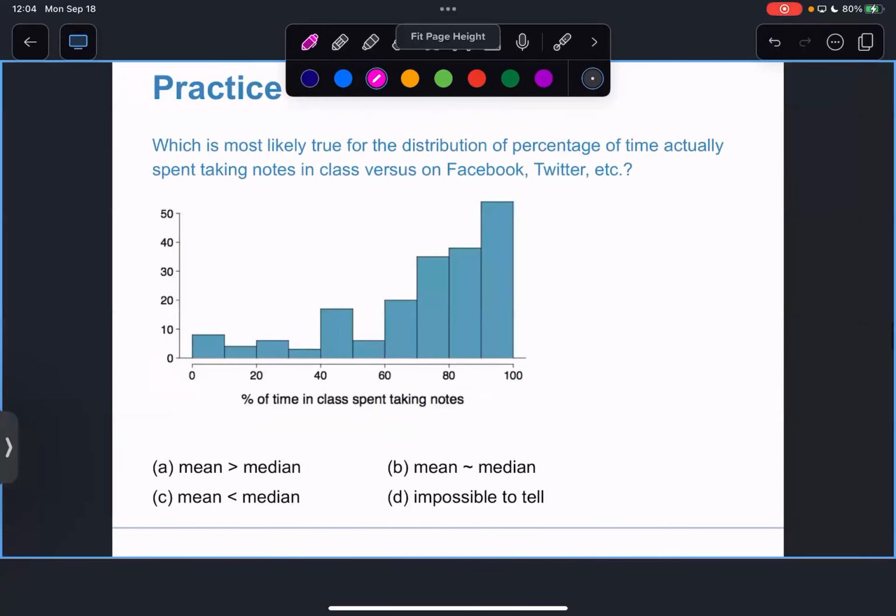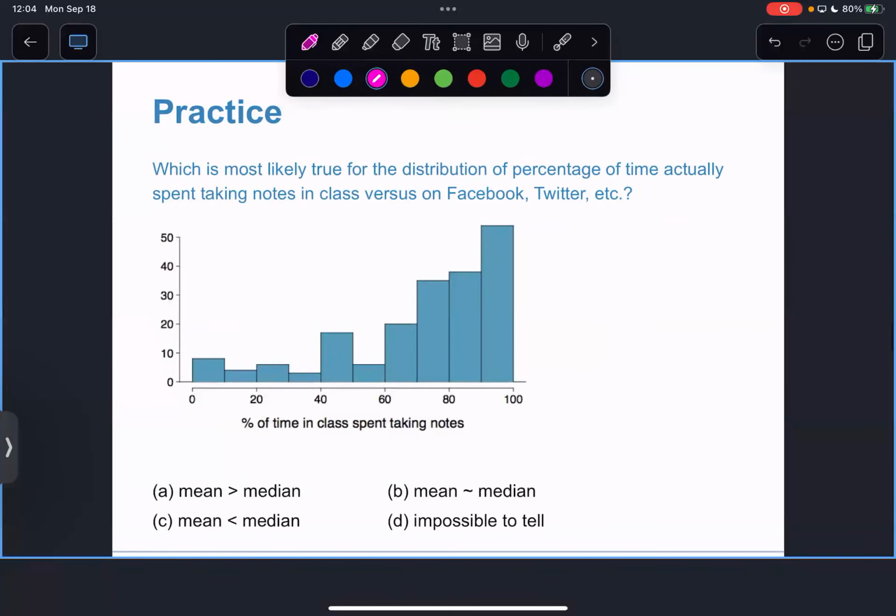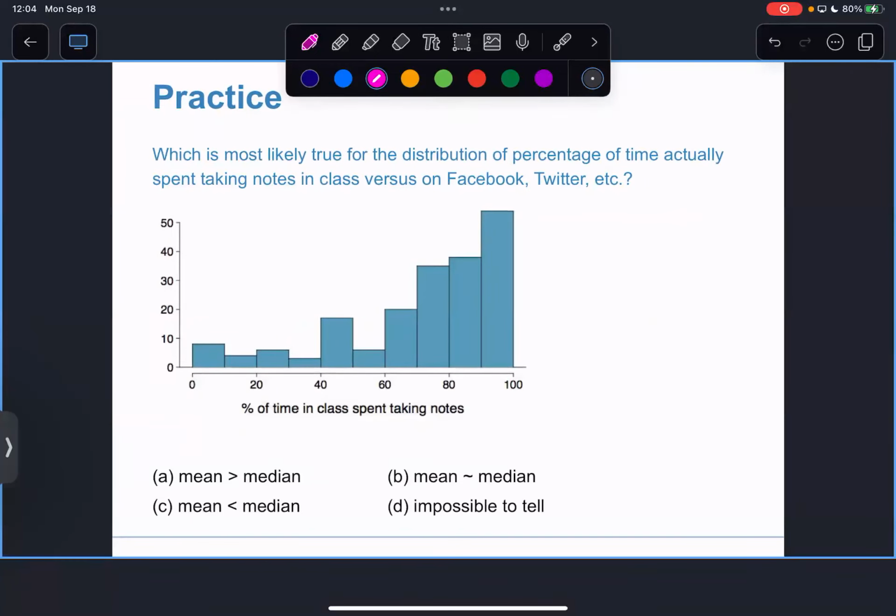Okay, this one, I'll just zoom out a little bit. Here's the distribution of the percentage of time in class spent taking notes. We've got some low values here, some really high values.